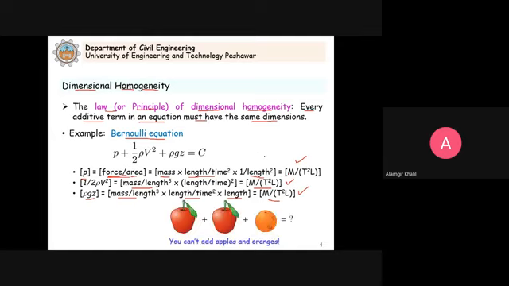So it means that this law or principle of dimensional homogeneity says that every additive term in an equation must have the same dimensions. Now, what is the advantage of this? Why is it desirable that we have an equation that is dimensionally homogeneous?